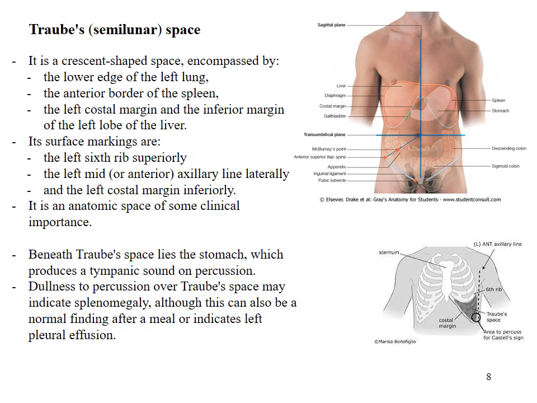The second clinically important space is Traube space, the semilunar space. This is the space which corresponds to the upper part of the stomach. It is composed of the inferior margin of the left lobe of the liver, then the inferior margin of the left lung, and the anterior or superior margin of the spleen.